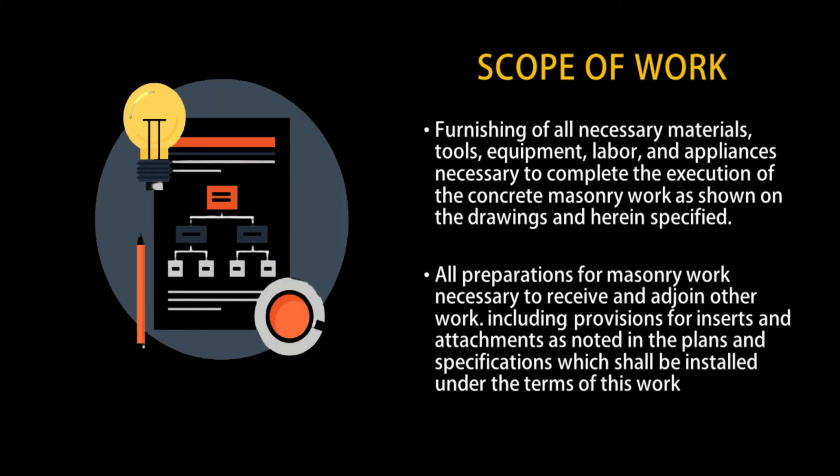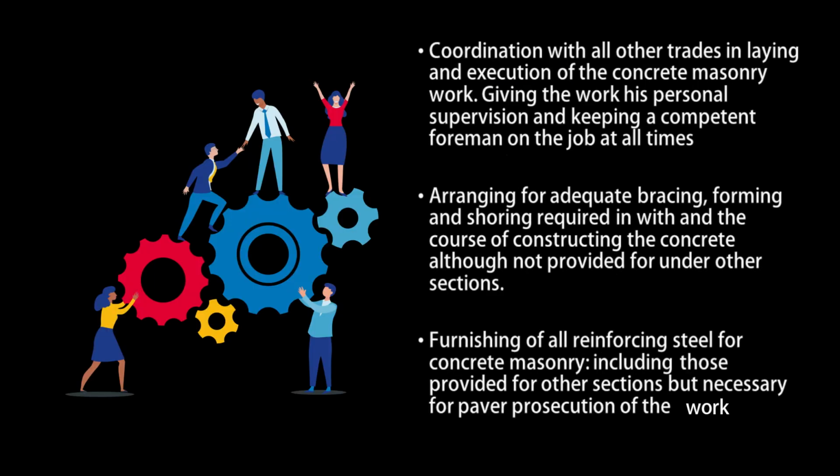All preparation for masonry work necessary to receive and adjoin other work, including provisions for inserts and attachments as noted in the plans and the specification which shall be installed under the term of this work. Coordination with all other trades in laying out and execution of the concrete masonry work, giving the work his personal supervision and keeping a competent foreman on the job at all times.